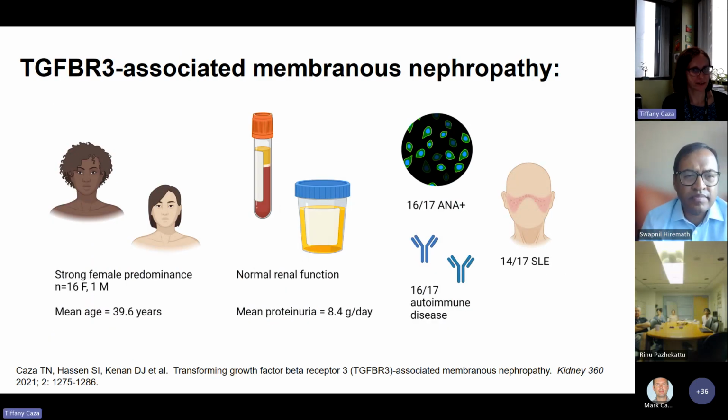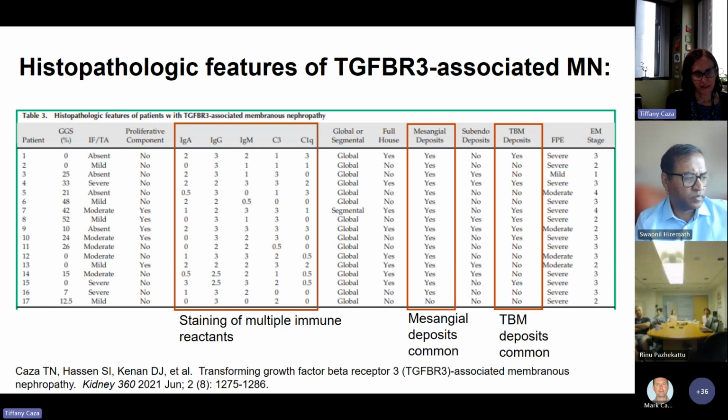TGFBR3-associated membranous, similar to both EXT and NCAM1, had similar demographics and presentation, being young females of childbearing age with normal renal function and nephrotic syndrome, with a high association with lupus. And these histopathologic features are also nearly identical to EXT and NCAM1 associated membranous lupus nephritis.